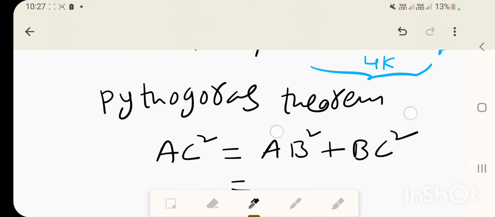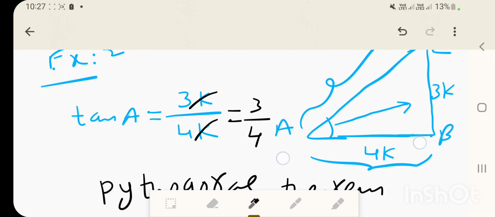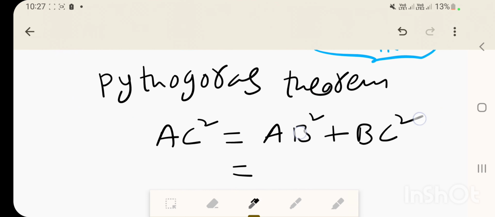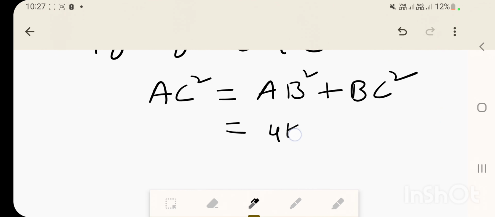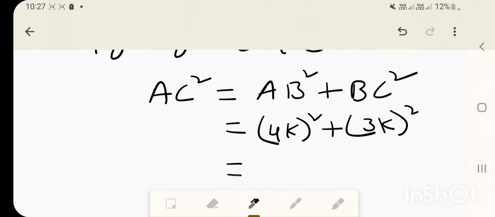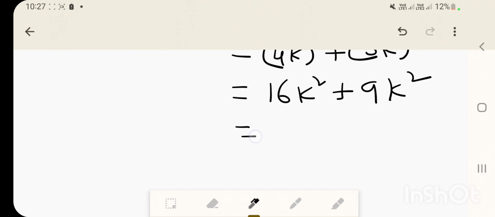Now we know what AB is, that is 4K, and we know what BC is, that is 3K. So we have here 4K whole square and 3K whole square. We know that 4 square is 16 K square, and 3 square is 9 K square. So 16 plus 9, we have 25 K square.